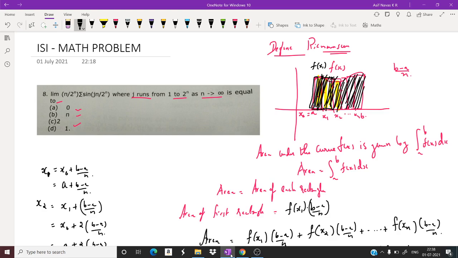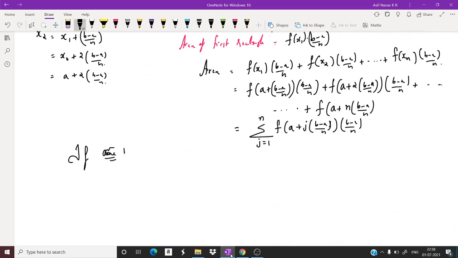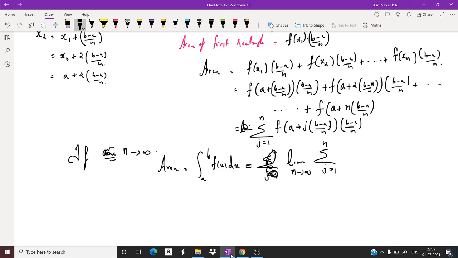So this approximation must be exact. So if n is very large, we know that the integral a to b f of x dx is exactly equal to the limit as n tends to infinity of sigma j equal to 1 to n f of a plus j into b minus a by n into b minus a by n.